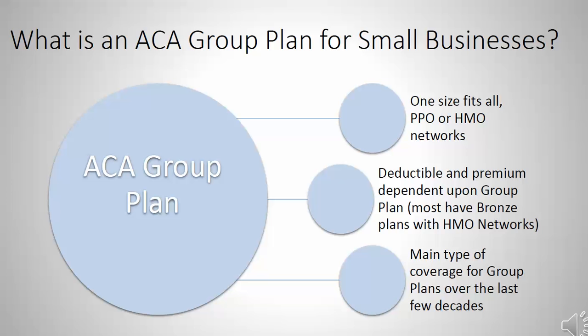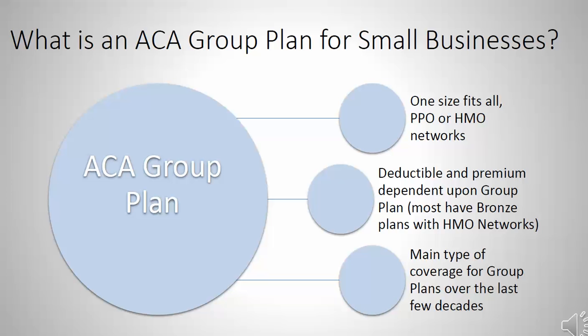As you go up each level, your deductible goes down and your premiums go up. Now you can either have a PPO network or an HMO network. A PPO will let you use most doctors and hospitals out there, while an HMO is a much more condensed version. You may only have access to 2 or 3 doctors and 1 or 2 different hospitals out there.